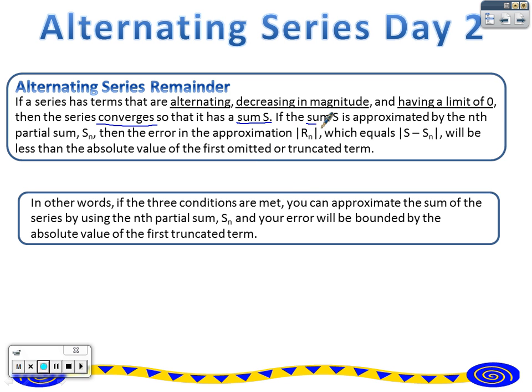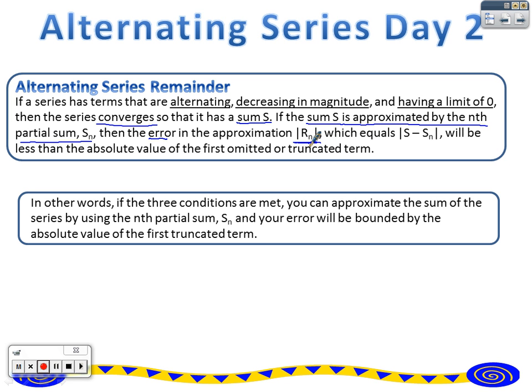So if the sum S is approximated by the nth partial sum, for example, maybe we want to add up 6 terms of the sum and get an approximation for the actual, real sum, then the error in the approximation is written like this, absolute value R sub n.